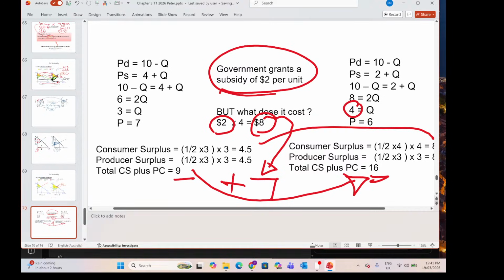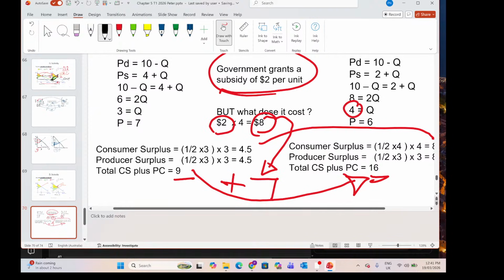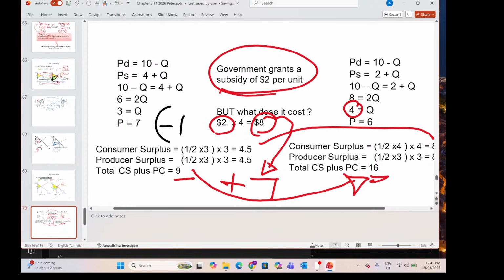So the net result of this is -1. So it's not actually efficient at all, because the gain provided to the consumer and producer was subsidised by an even bigger cost to government.